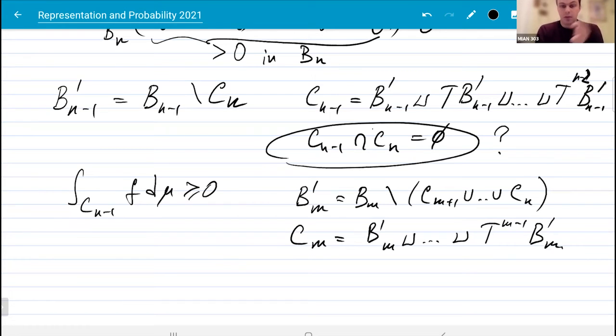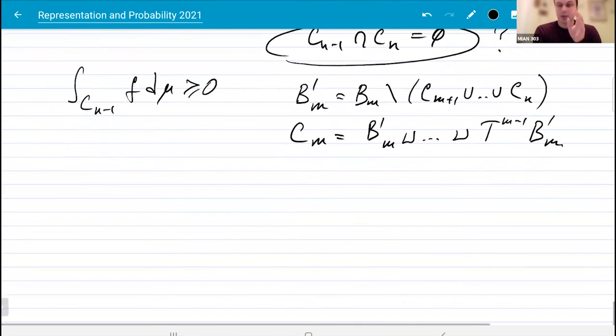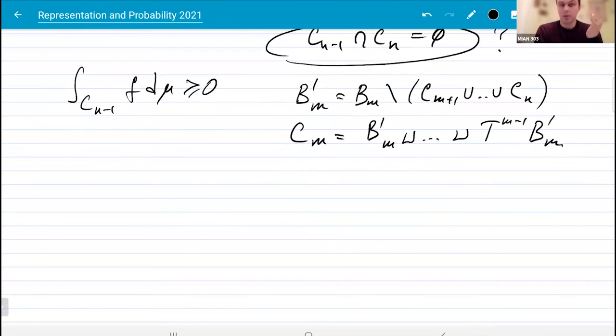This is the general construction, and the only question is, why do all these sets not intersect?